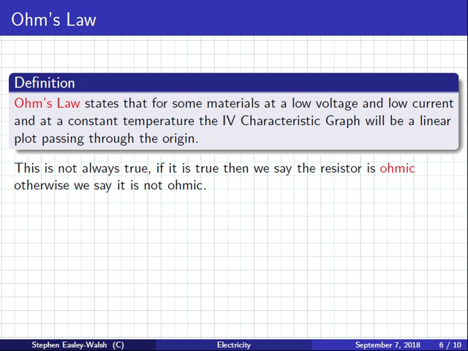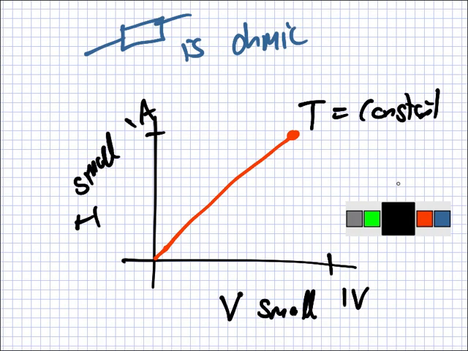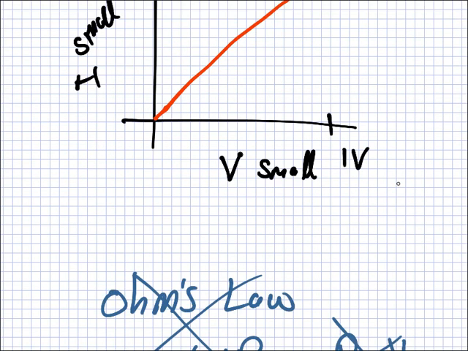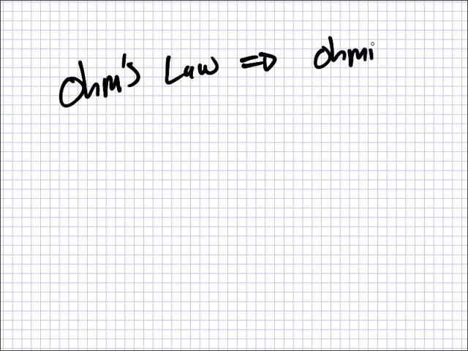So we have the ending. Add the IC, it depends on the person's name. So Ohm's law, if you obey Ohm's law, then you're ohmic.